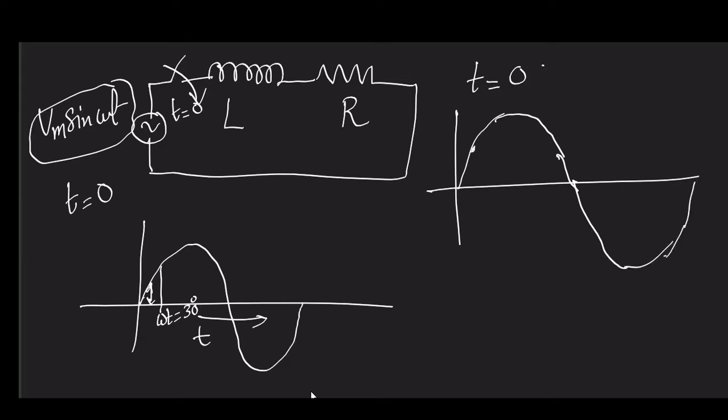You can switch at any time. You can switch here, here, or here, anywhere from 0 to 2 pi within this periodic change.